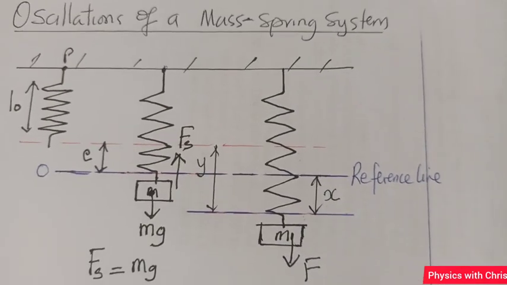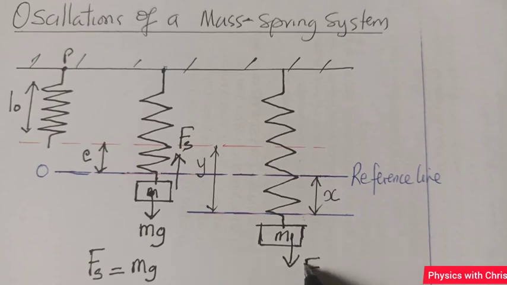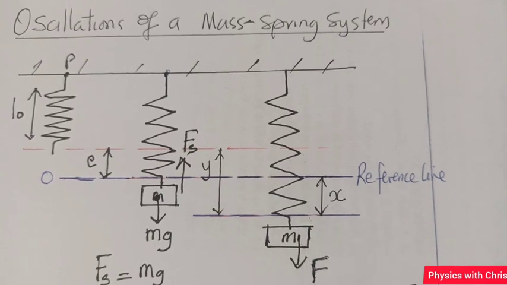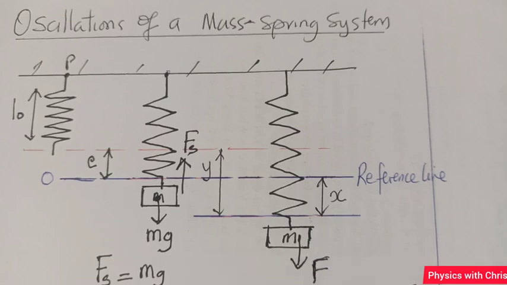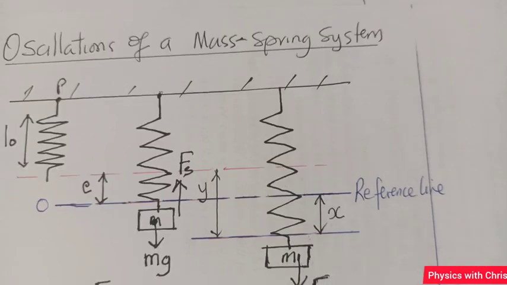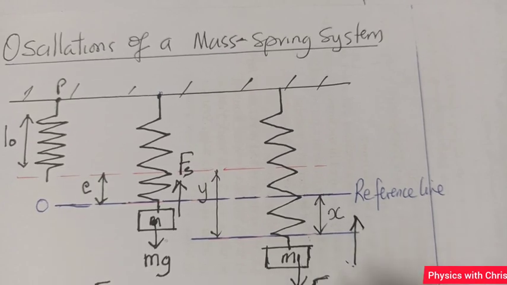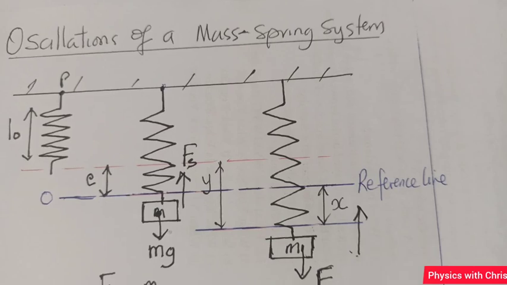All right, so let's move to the third picture. You can see here that a force is applied to move this mass downwards, and before it is released, the total force acting downwards is now F, which also includes mg. Now, before we set this oscillating, we have what we call the restoring force, the spring force again, that tries to restore this mass spring system to the state of equilibrium, and it acts upward.